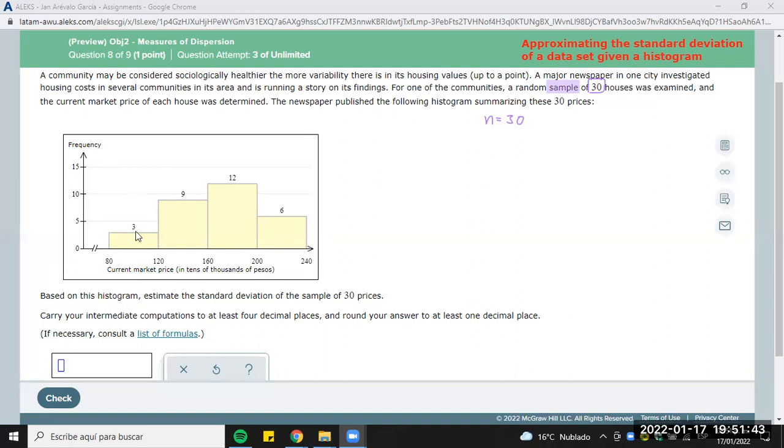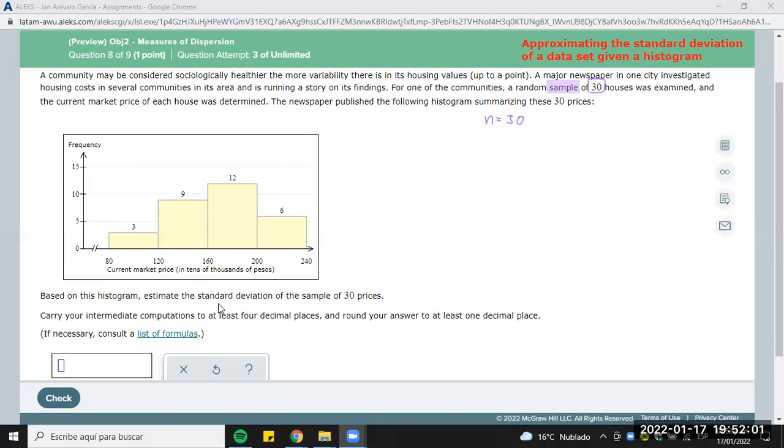So there are 3 houses that have their value between 80 and 120 tens of thousands of pesos. So we have a lot of information in here.